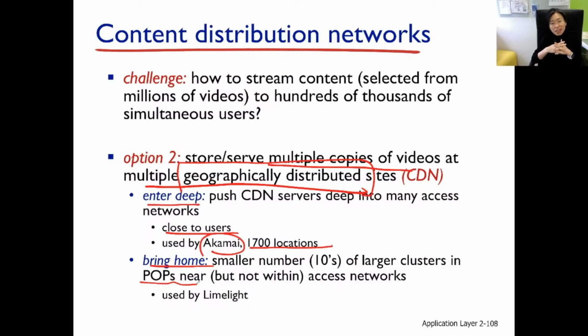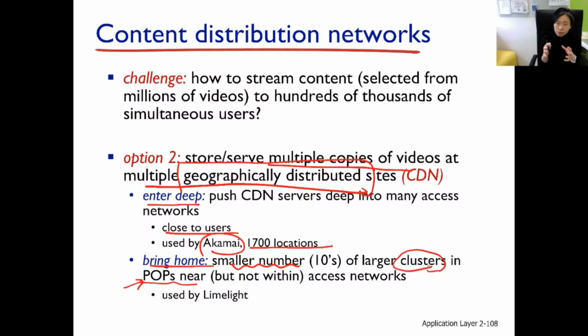So the idea is that such a CDN company will build a few racks of these workstations and just connect to the POPs where they get access to the rest of the internet. Because the number of POPs is limited, the number of locations is very limited, so there are not many of these sites. And the sites tend to be bigger. Instead of calling them sites, they are called clusters.